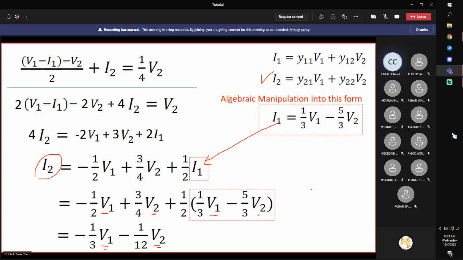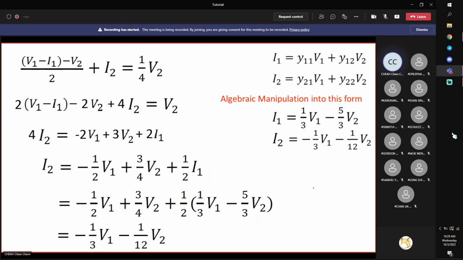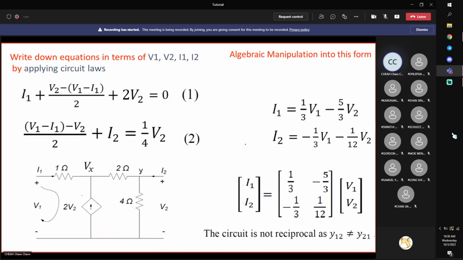Any questions? So I get the 2 equations which I want. And this is my Y parameters model.